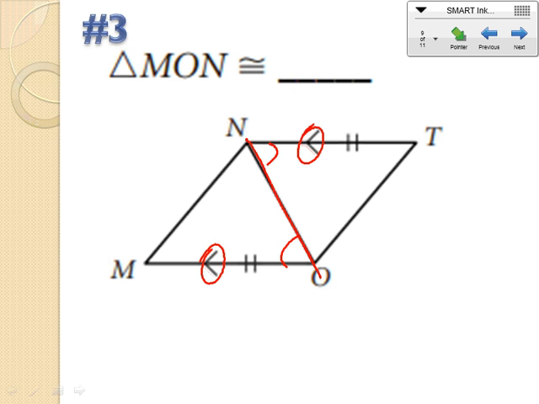And then that side they share, that's also our transversal, NO. They share that side, so it's going to be congruent by the reflexive property. So we have it by side, angle, side. And so we want to look for that proper order. MON is going to be congruent to TNO.